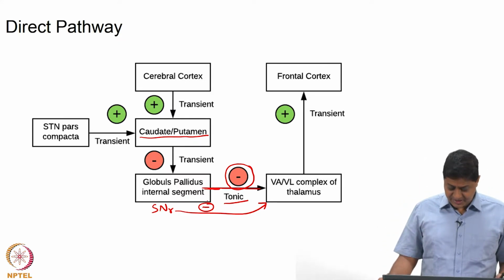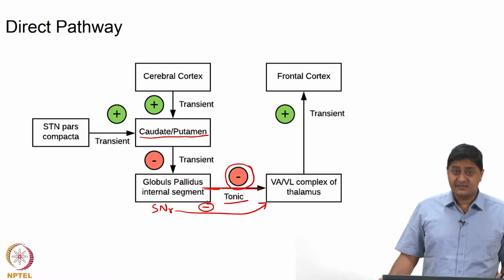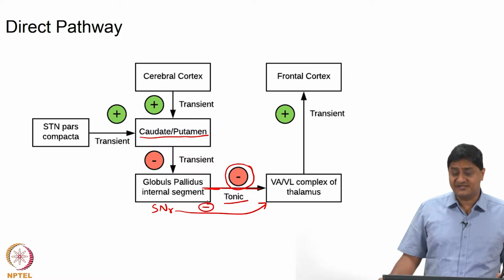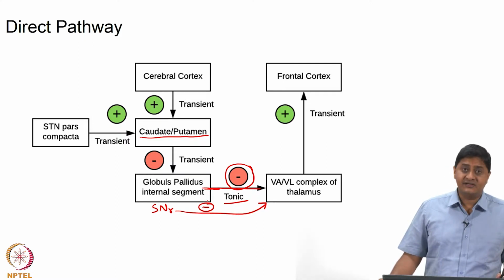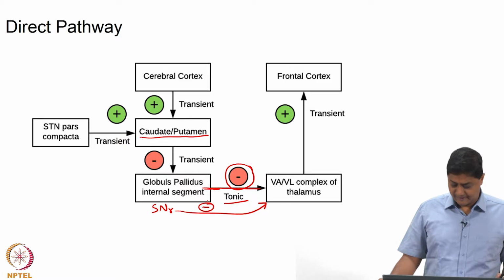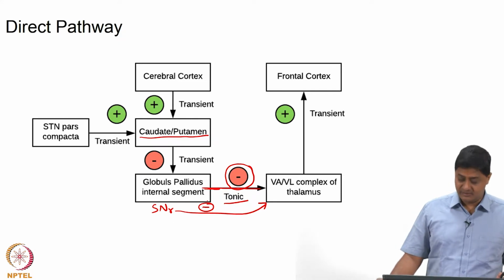Essentially this defines an important aspect of basal ganglia function, that is, the globus pallidus internal and the substantia nigra pars reticulata contain neurons that are tonically inhibiting the thalamocortical or the output neurons. Tonically means what?